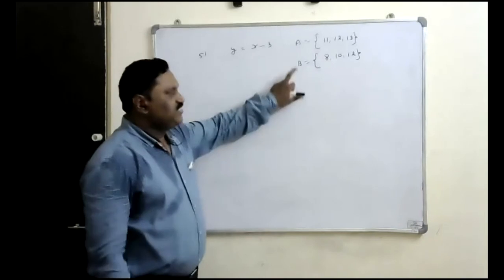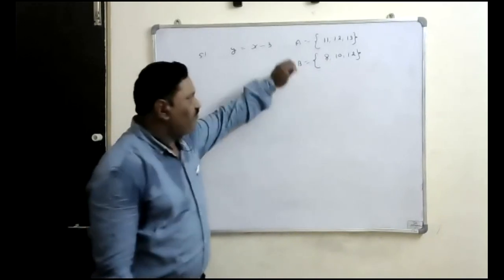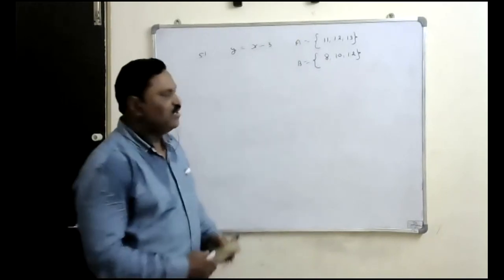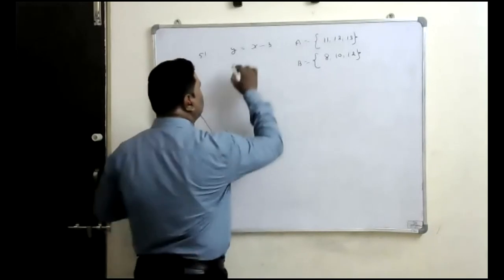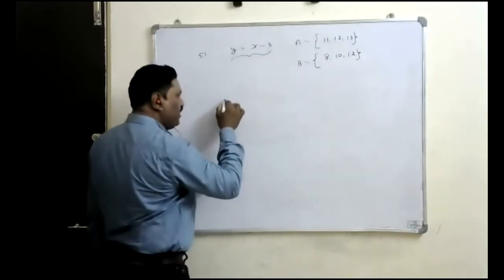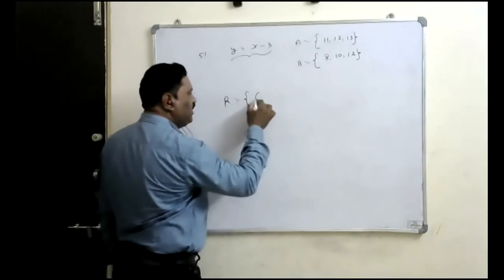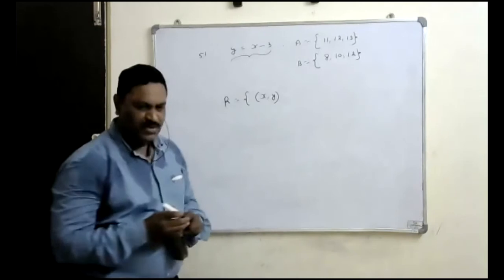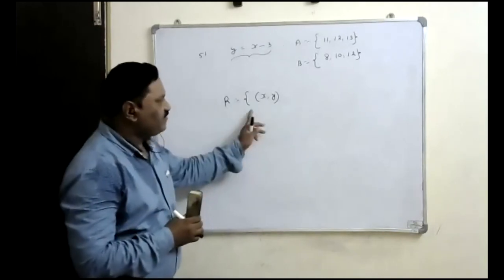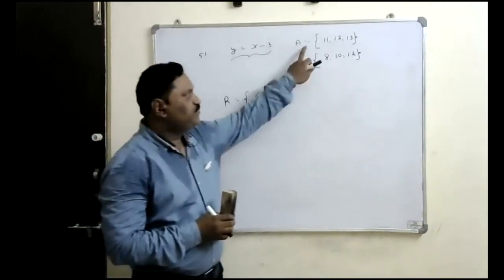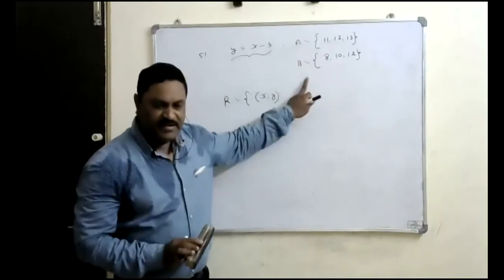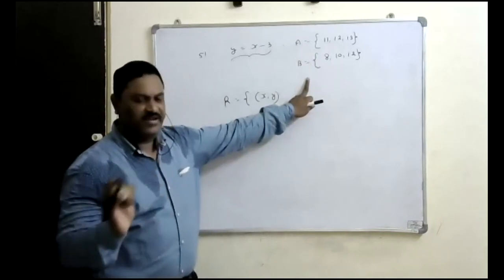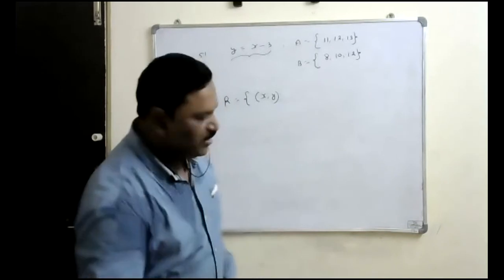This is set A and set B. The relation is defined from set A to set B, and the relation is y is equal to x minus 3. That means R is the set of ordered pairs that satisfy that relation, where the first set is the domain and the second set is the codomain or the range, we can call it.